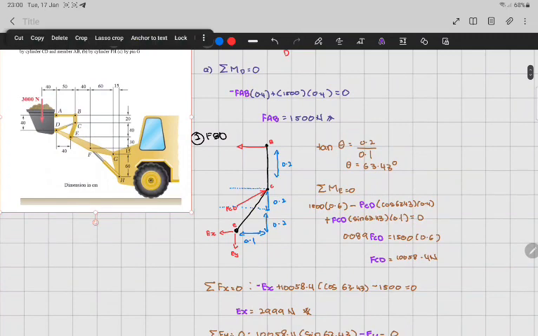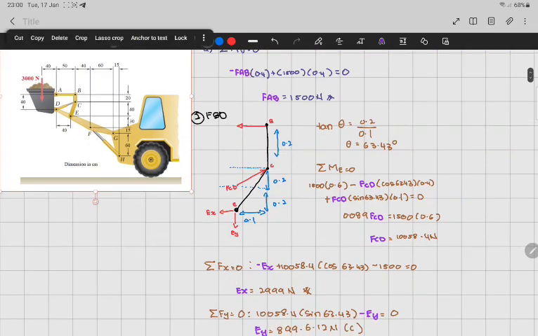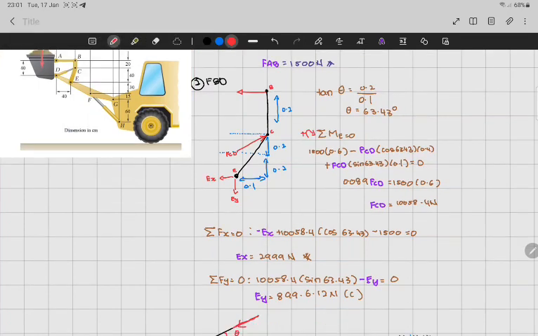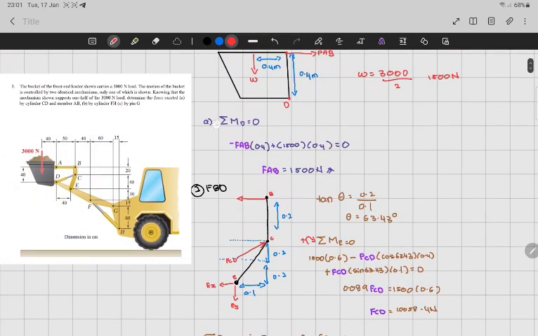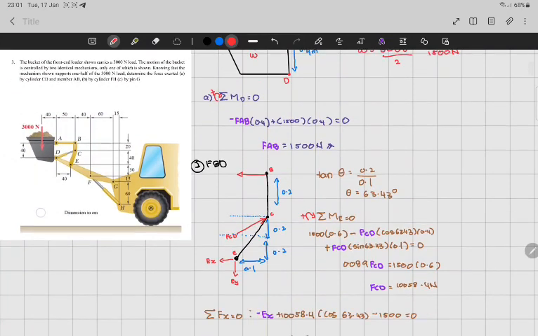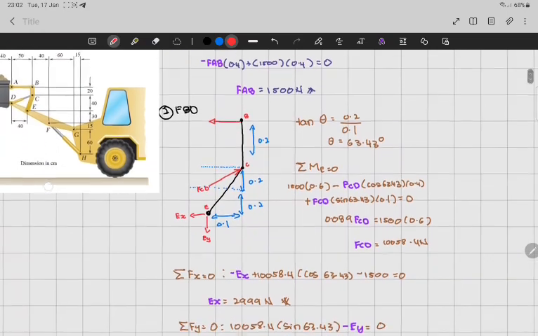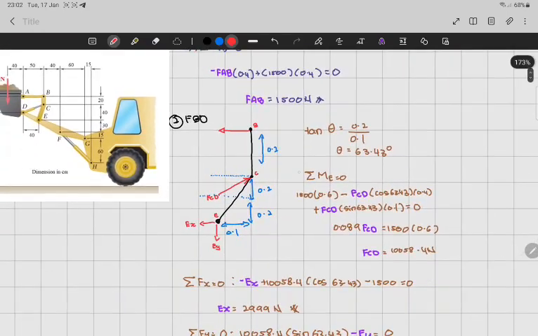So tan theta is 0.2 over 0.1, so theta we got here is 63.43 degrees. And the summation of moment, we do this clockwise. So don't forget to put this one.